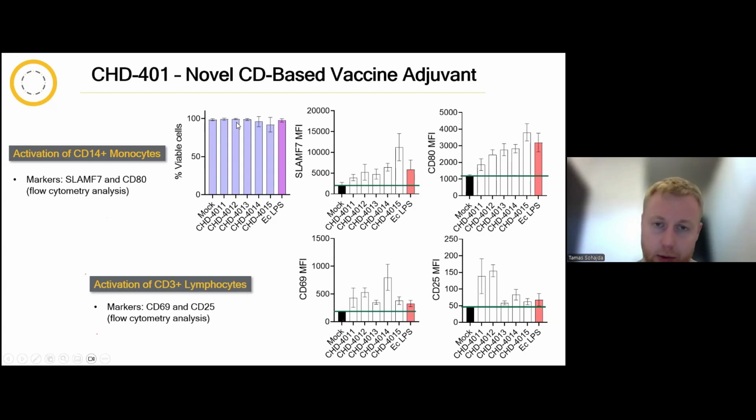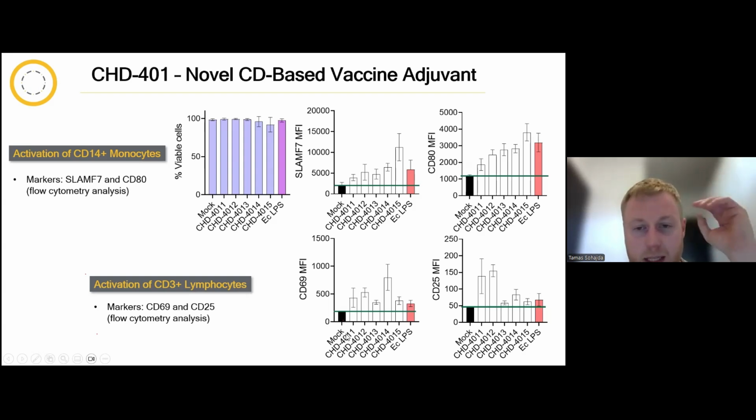As you can see, they were all very safe in these studies, and we checked different biomarkers in different types of cells. This is just a glimpse of the results, but as you can see, the differences between the positive control and some cyclodextrins that we tested are dramatic.